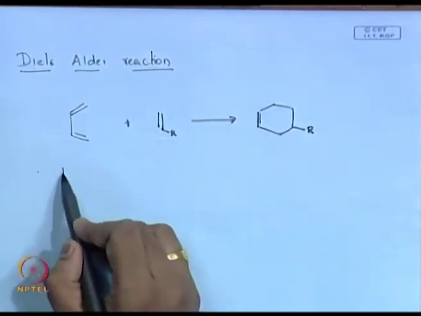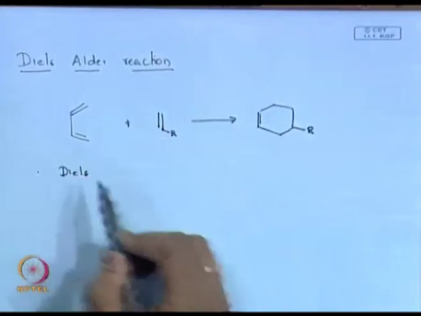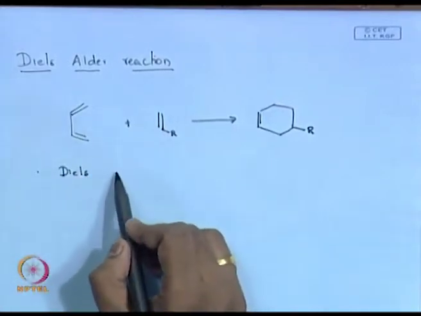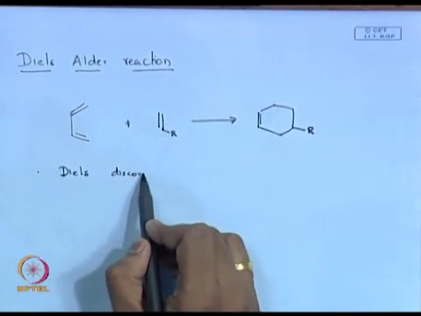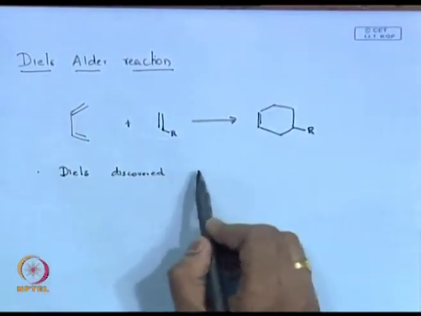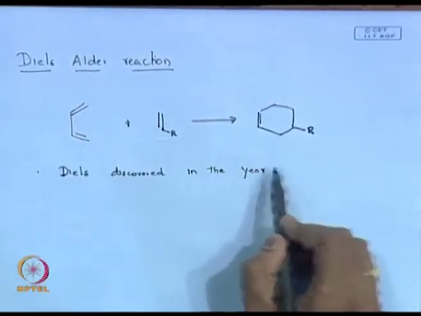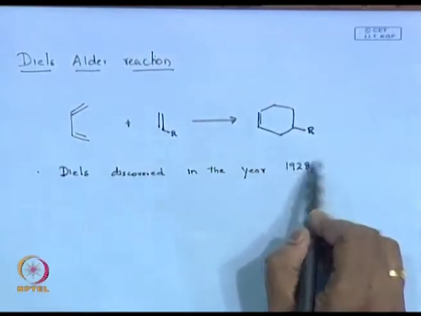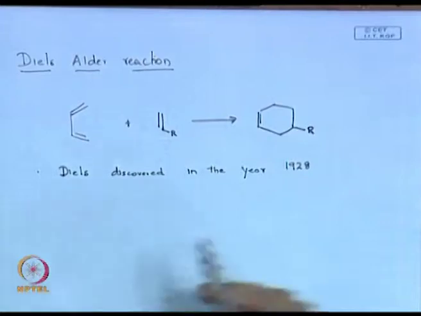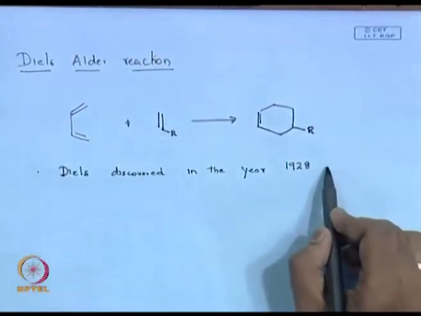Basically, Diels discovered this reaction in the year 1928 with his student Alder.